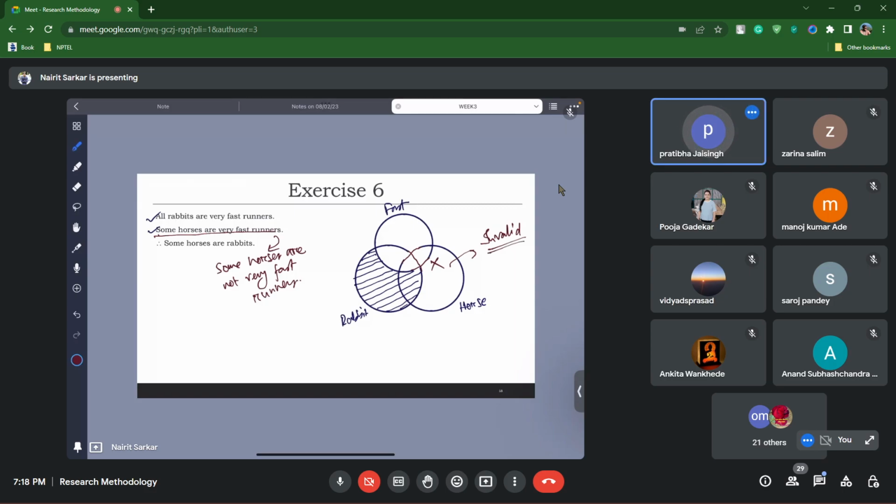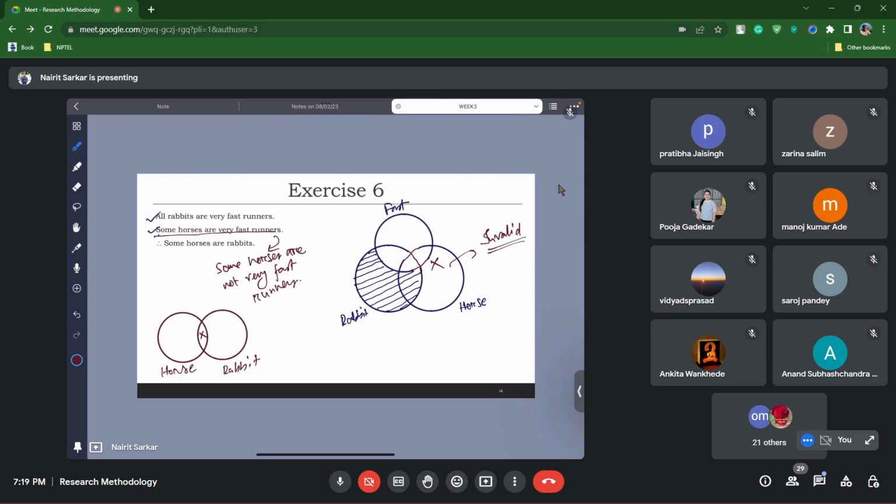Sir, if we draw two circles for horses and rabbits, then there will be a cross in between these two. So from the conclusion, some horses are rabbits means in the middle, right?